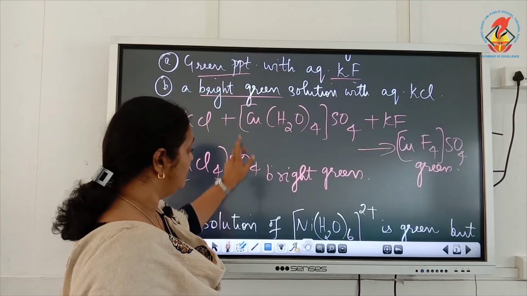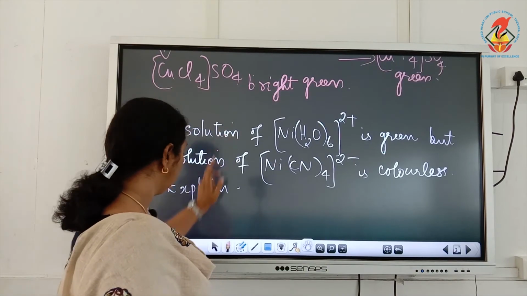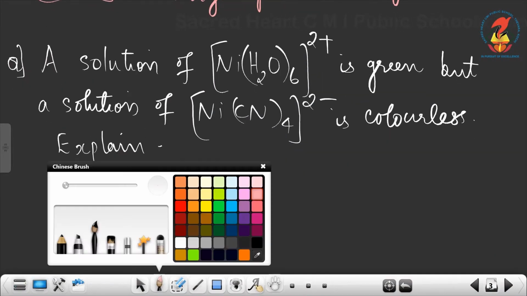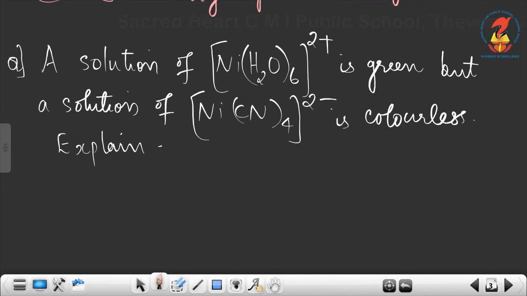Now, the next question is, this is a very important question. A solution of [Ni(H2O)6]2+ is green, but a solution of [Ni(CN)4]2- is colorless. Explain.